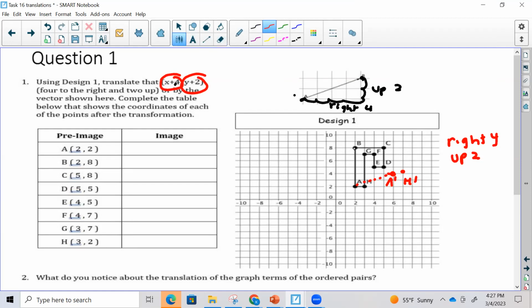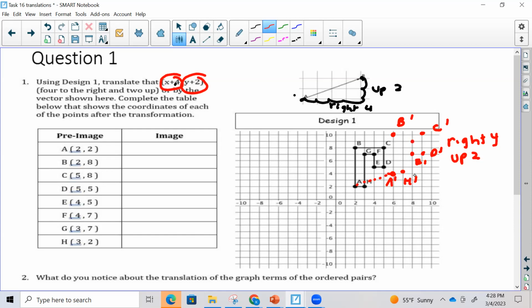So B, I'm gonna count from B, move right 1, 2, 3, 4, and then go up 2, 1, 2, and make my point for my new B. C, I'm gonna go right 1, 2, 3, 4, and then up 2 to get my new C prime. D, right 4 from D, and then up 2. E, right 4, and then up 2. F, right 4, and then up 2.